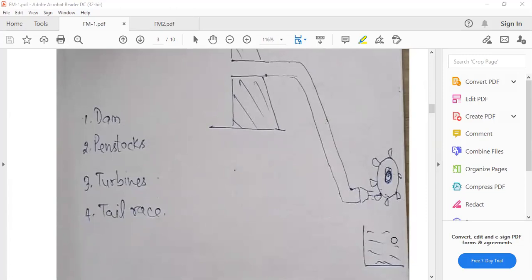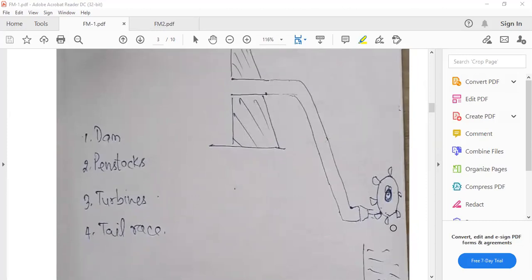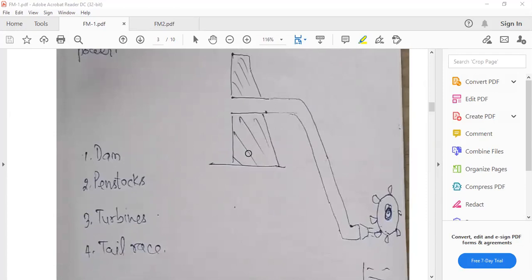So these are the four main parts of a general layout of a hydroelectric power plant. First part is a dam, which is constructed across the bank of a river. Then number two, penstocks or large diameter pipes, which bring the water from the dam to the turbine.